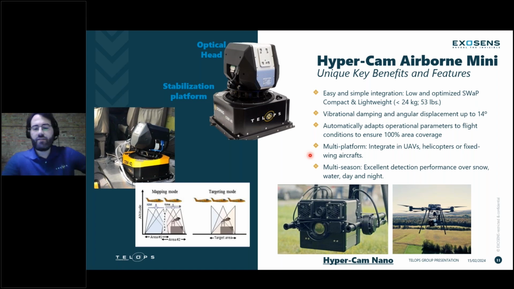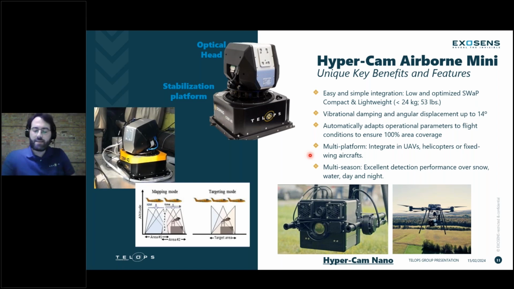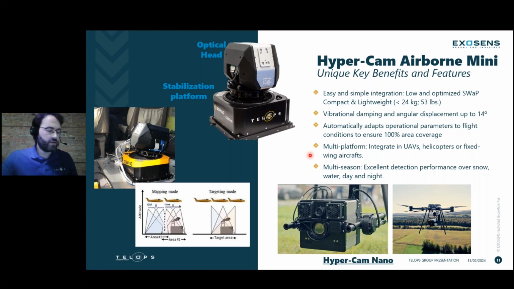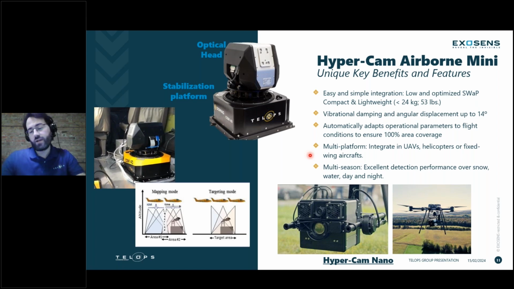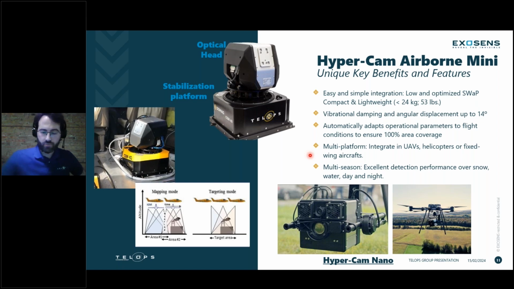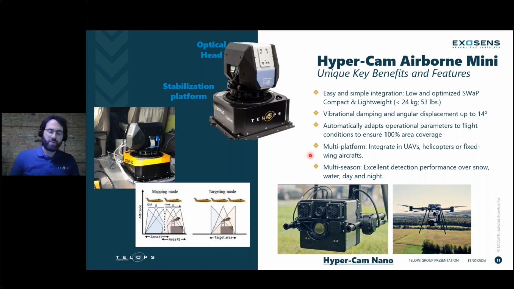Now, the Hypercam Nano that we see here was not part of the product line that I mentioned earlier. That's because it's still considered an R&D project. It was a great project with amazing feats of engineering that our team accomplished over the last few years. It's still available for people if you're interested.